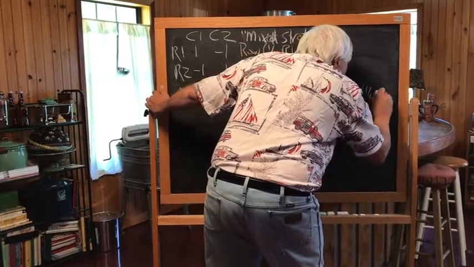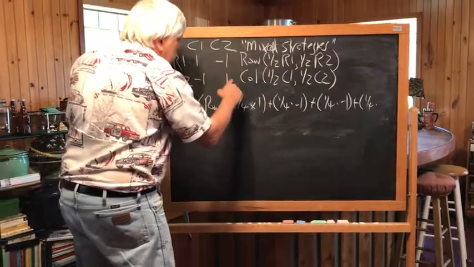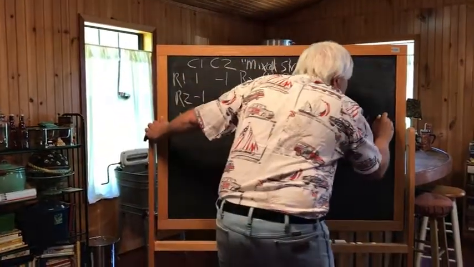And another 1/4 of the time, when the coin chooses R2 for Ro and the coin chooses C2 for column, Ro's going to gain 1.